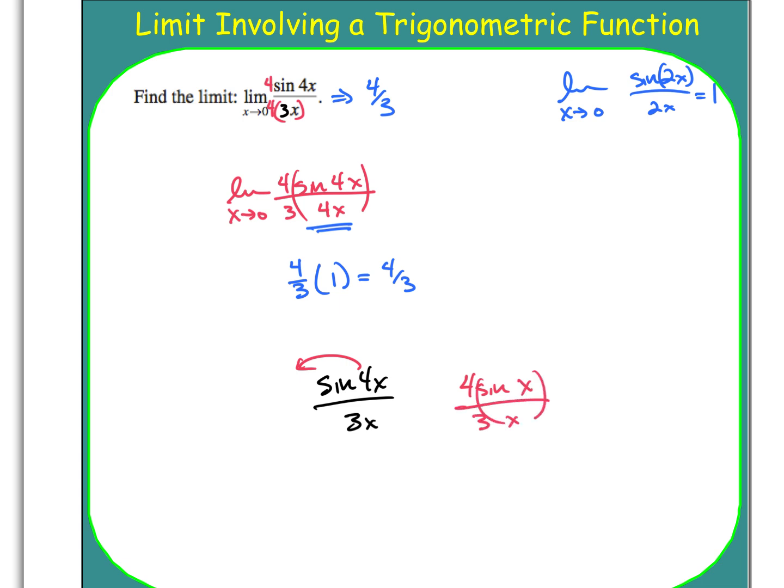Now, will you still get 4/3 as your answer? Yes. However, did you take the right road to get to the answer? No. Okay. There are many ways to Tampa. However, you got trapped and you just got lucky. All right. So this is breaking math rules. I will not actually give you full credit for that. So that is naughty. No, no, no. All right, so this is one from our homework set that we're going to do.